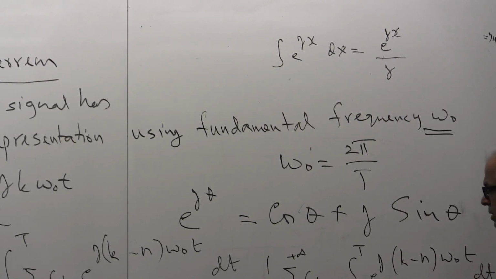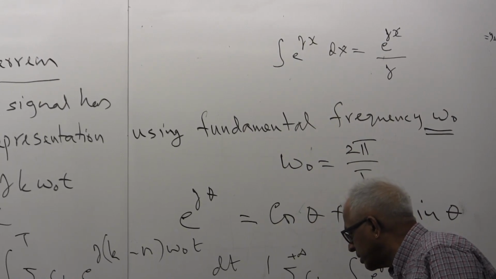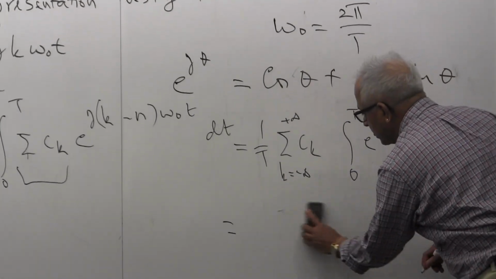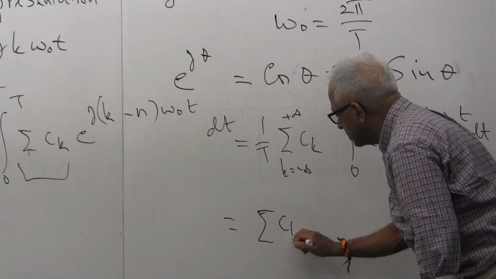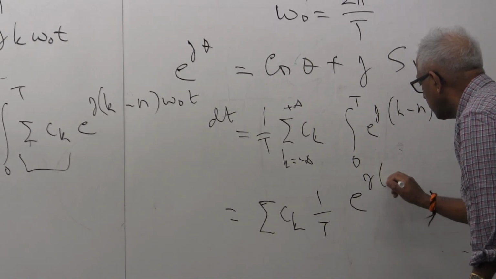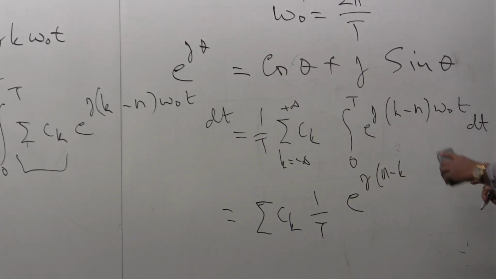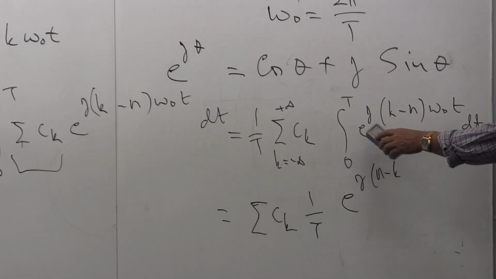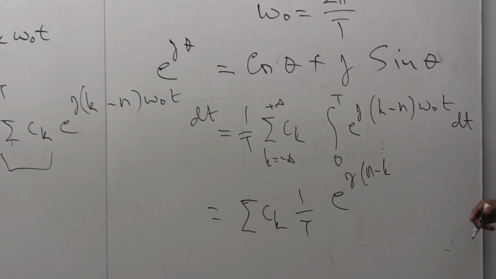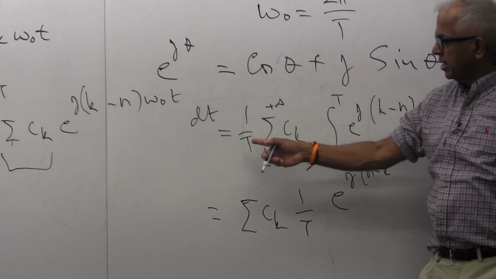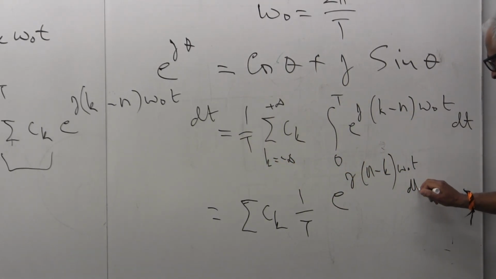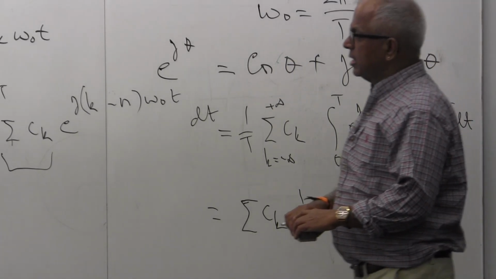So if you use that here, this will turn out to be 1 over T summation c_k, with the 1 over T put here, integral, e to the power j (n minus k). First of all, if k equals n, what happens to this integral? With k equal to n, the integrand will be 1. The integral from 0 to T of 1 will be T. Capital T divided by T is 1. So let's do this integral here.